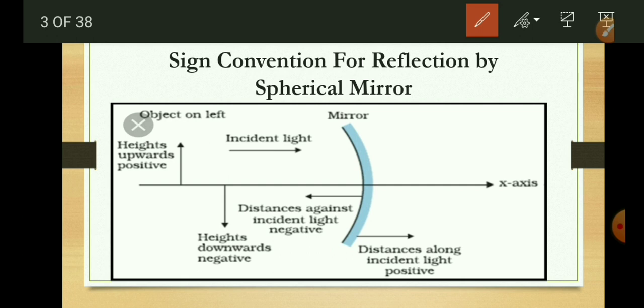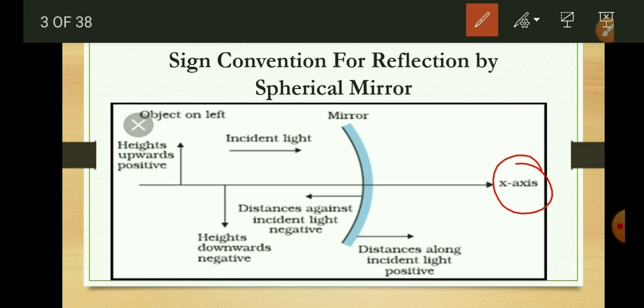Now, let's talk about the sign convention for spherical mirrors. As we discussed, the pole of the mirror is taken as the origin of the New Cartesian coordinate system. The principal axis is taken as the x-axis and a perpendicular drawn to the principal axis at the pole of the mirror is taken as the y-axis. The object is always placed to the left of the mirror.